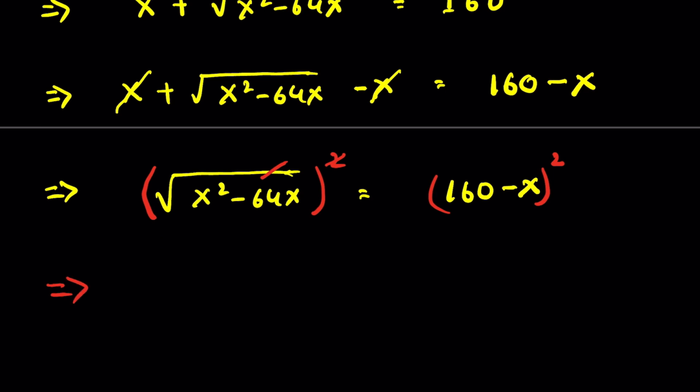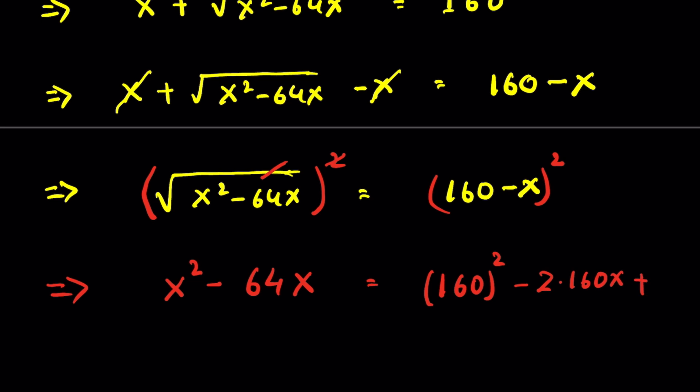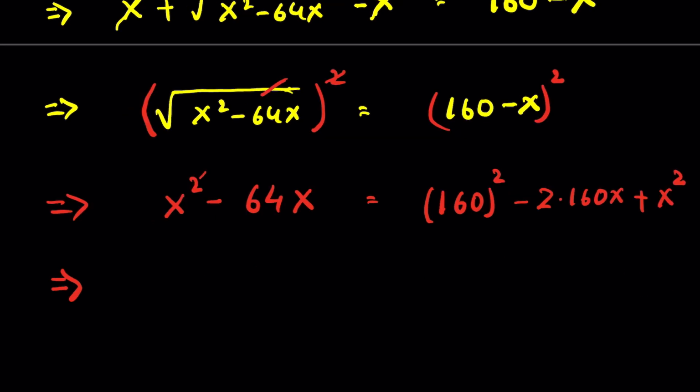So now we have x square minus 64x is equal to 160 minus x whole square. It is in the form of a minus b whole square, and the formula is a square minus 2ab plus b square. This x square and this x square gets cancelled, because if you send this to left hand side, then it will be minus x square.